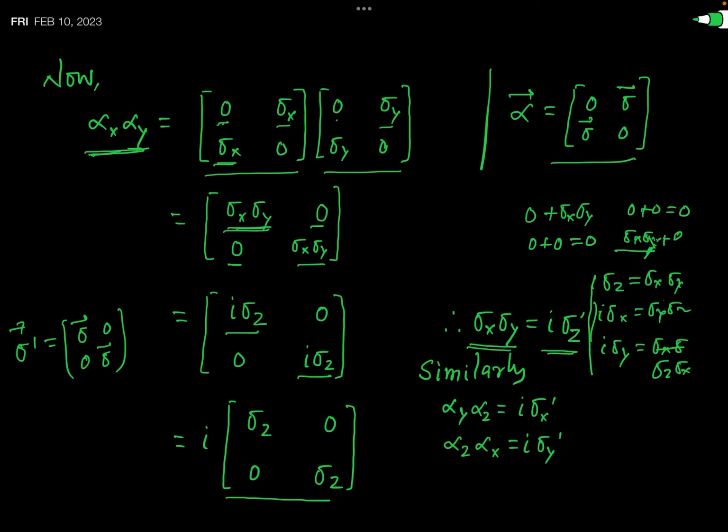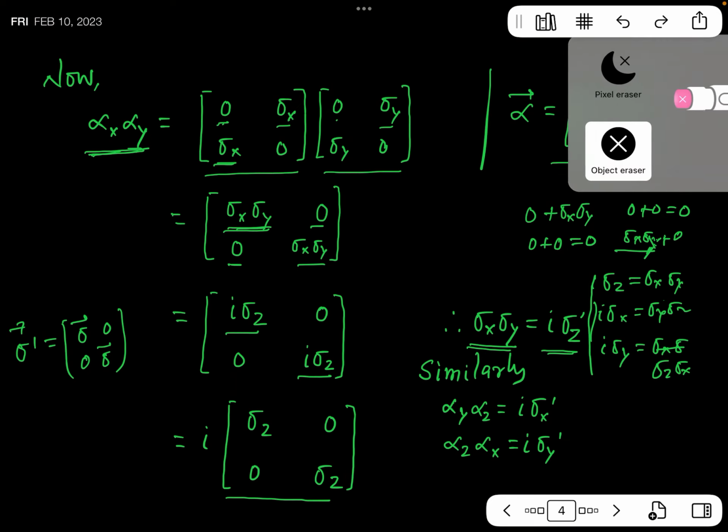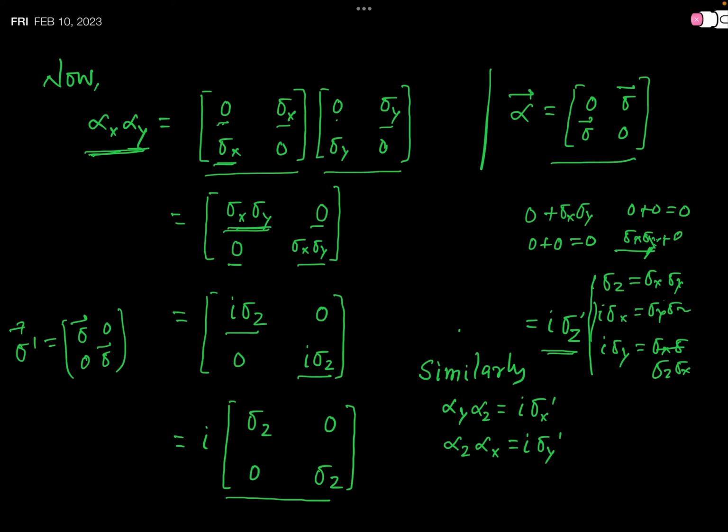So similarly, you can say this. I have written it here wrongly. In fact, this will be not sigma but alpha x alpha y. See here, it has been written wrongly. This is alpha x alpha y.